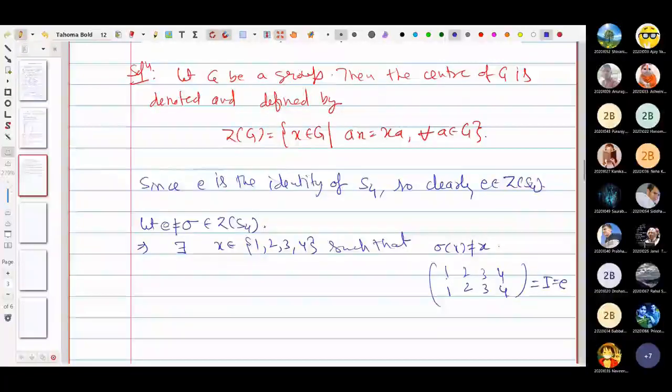Maybe we have 1 goes to 1, 2 goes to 2, and 3 goes to 4, 4 goes to 3, something like this. There is a possibility that two elements may be mapped onto themselves, but the other two are mapped onto other elements. So that's what we are writing here.